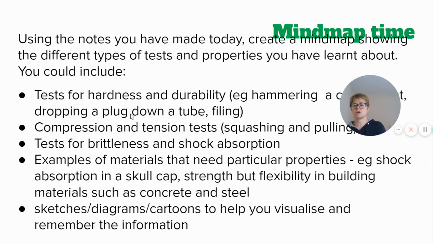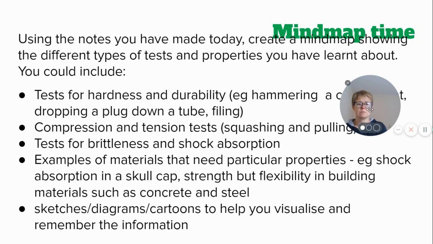Okay, moving on to your task. You're going to make a mind map now about the various tests and properties we've been learning about. I've given you some suggestions on the screen of things you could include. I don't mind how you lay it out. This is a memory aid. If you prefer to make notes in colours rather than do a mind map, that's fine.